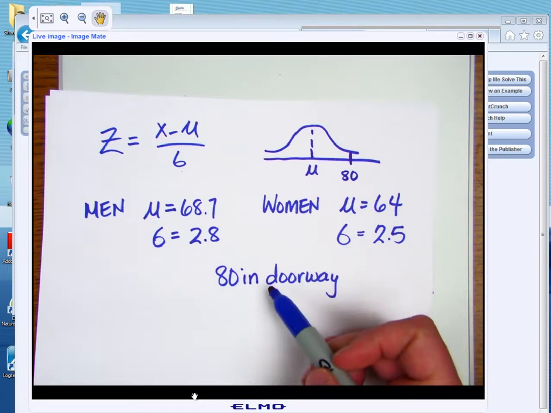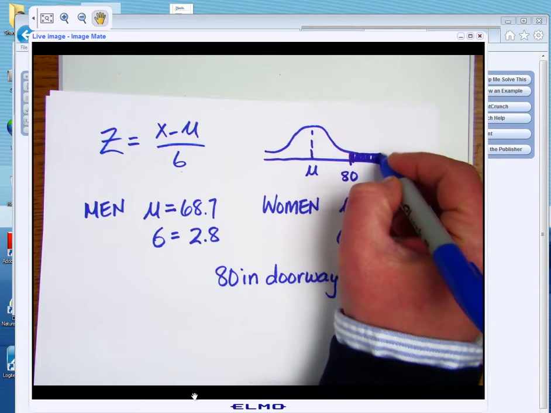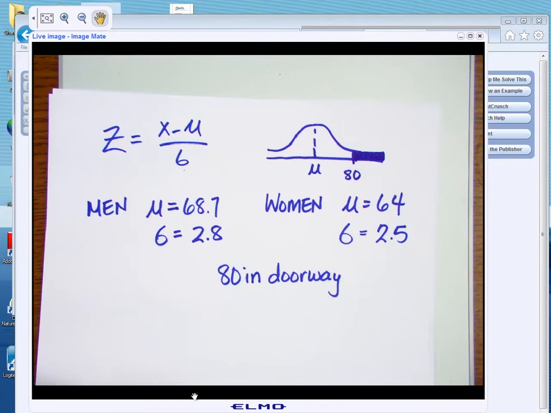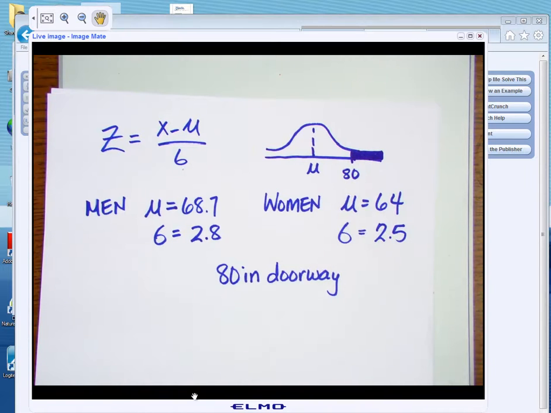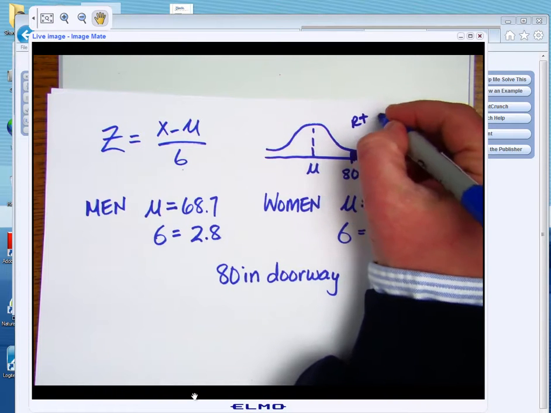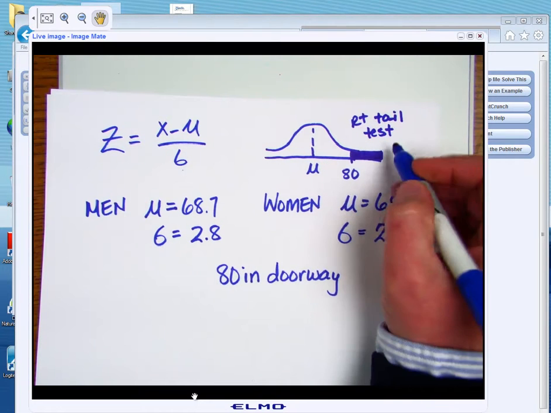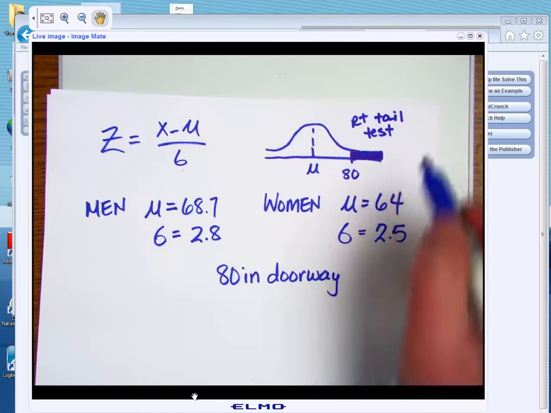The problem gave me that it was an 80-inch doorway. So what I'm looking for is this area here that's 80 or above. That would represent my population that's too tall. And that's going to be important in a minute. Remember, we call this a right tail test, because we're looking for the heights that are greater than or equal to 80 this way.